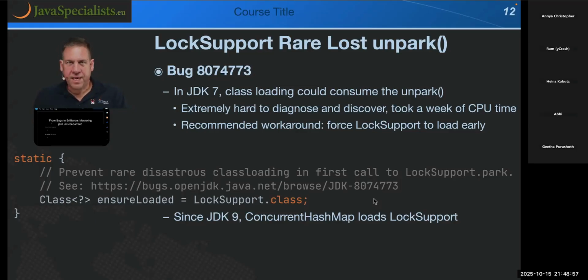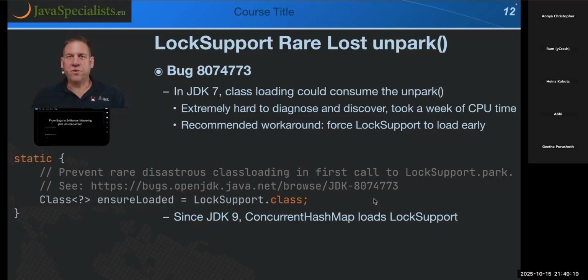And it seems that in Java 7, class loading could, in very rare circumstances, consume the unpark. So there's a park that happens when your thread loads the class, but the class load itself might consume the unpark, which means your thread will never wake up again.